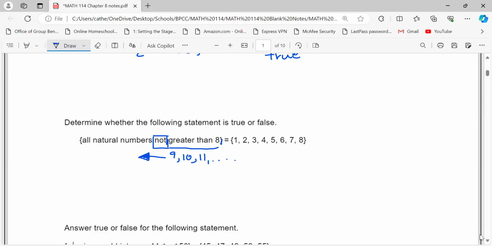And it's natural numbers, so we start with a 1. So 1, 2, 3, 4, 5, 6, 7, 8. Everybody's there. So this is a true statement. Now, if the number 4 was missing, then it would be a false statement because it would not be all the natural numbers that are not greater than 8, or less than 9.